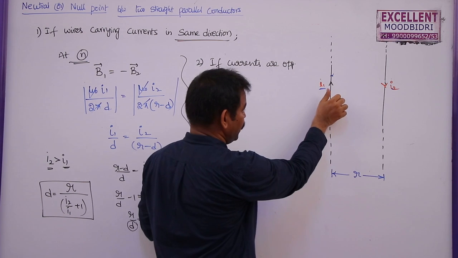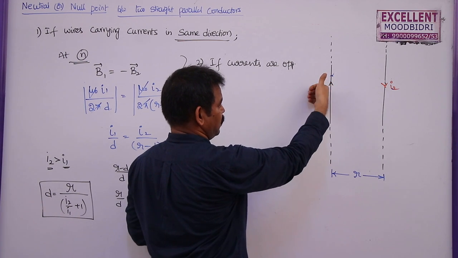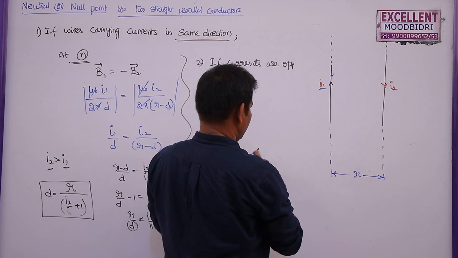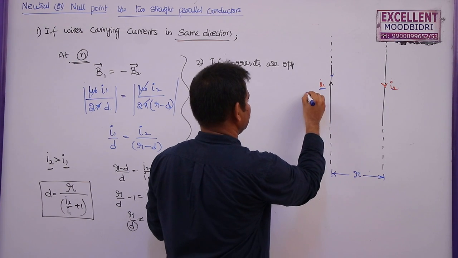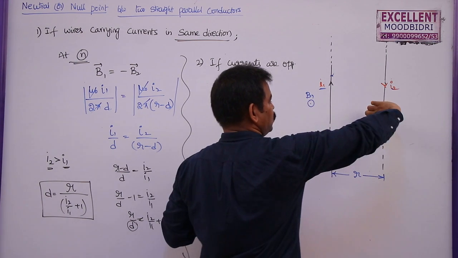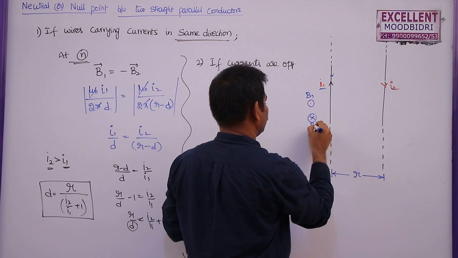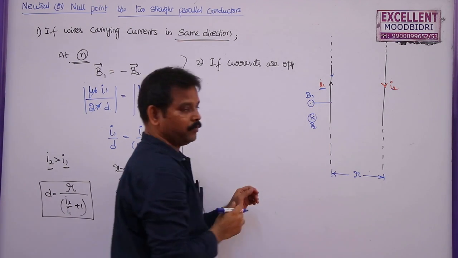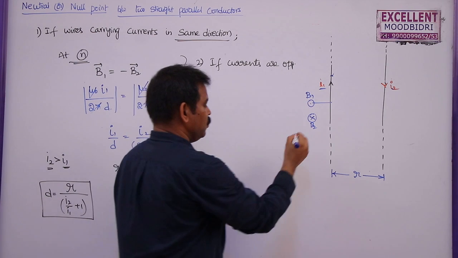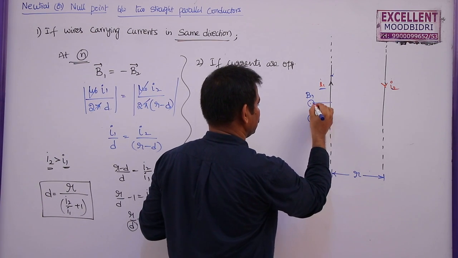Here you can see, on the left side of this one, the field is outwards, this is B1. Due to this current, here the field is inwards, so this is B2. So a neutral point will be formed away from the system, at a distance d from this one.